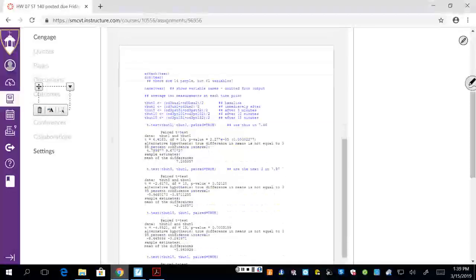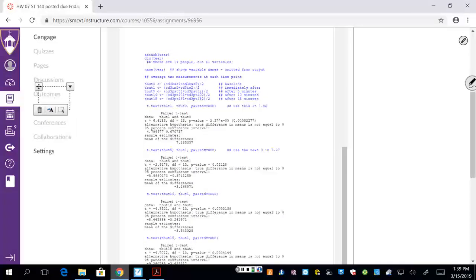There it is. So there was this tiering: baseline, immediately after, and each of those really were an average. But to figure that out, I had to read the document they had explaining what the variables were. But then the result of doing a t-test goes like this.